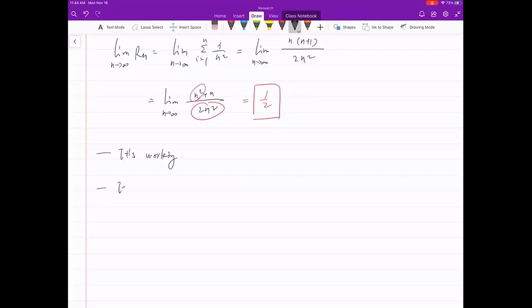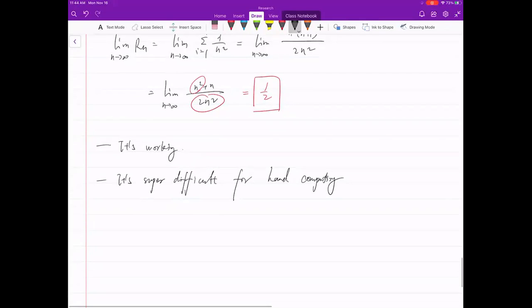Number two, it's super difficult for hand computing. In general, it's almost impossible. That means we won't use this one for hand computing later. Sounds good? We need something else.